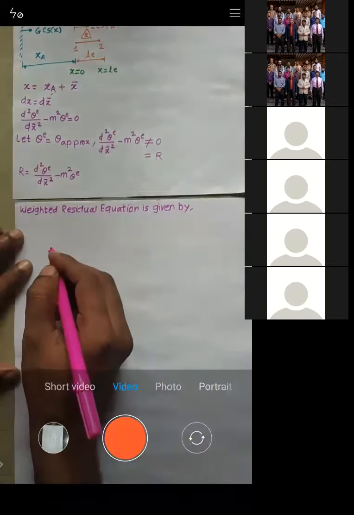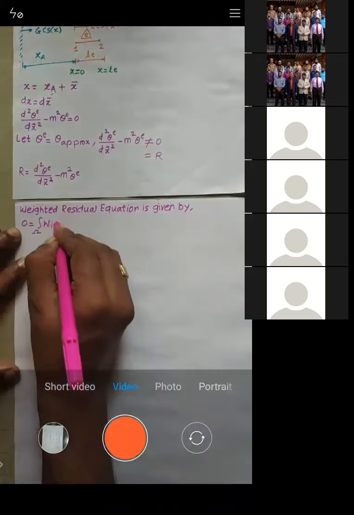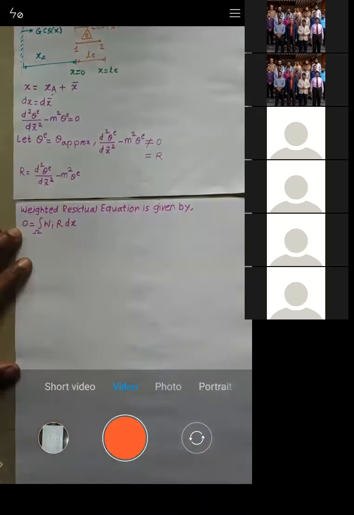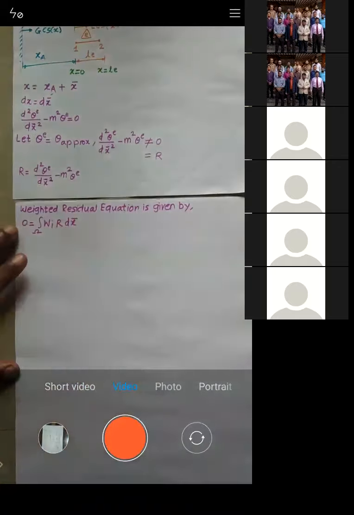So let's write down the weighted residual equation: 0 is equal to the integral of Wi into R into dx. But instead of dx, I should write dx bar. So I'll make it dx bar.